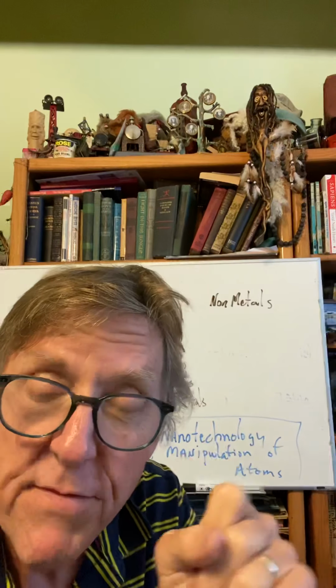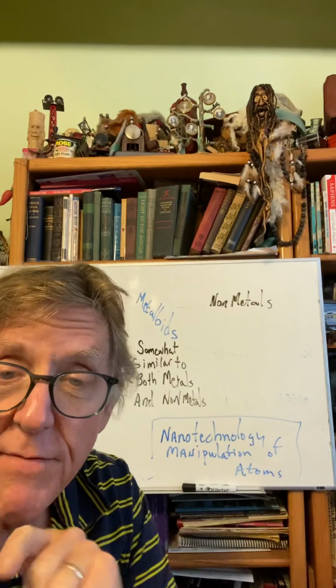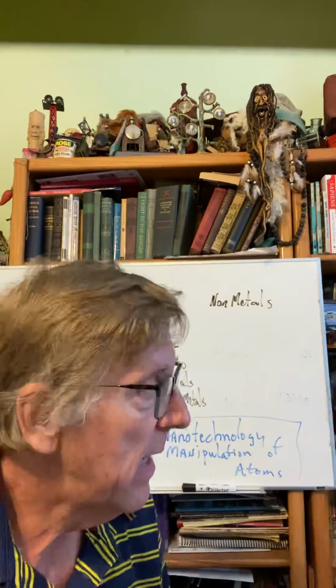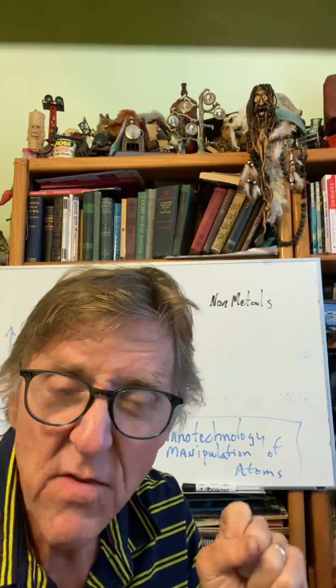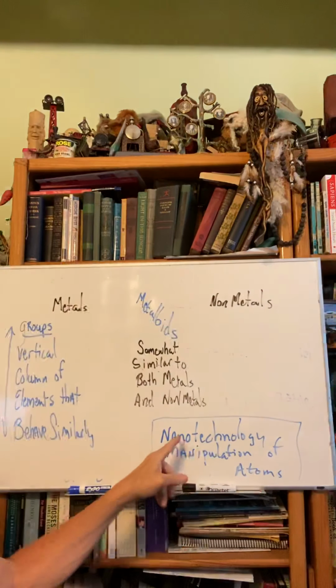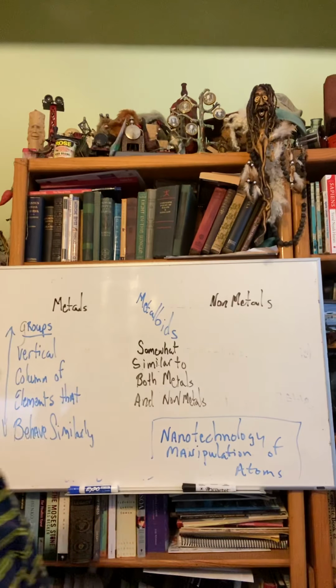So what do you have to do in order to make all of this high-tech stuff? You have to manipulate atoms. And so even if cavemen, or maybe not that far back, but Ben Franklin, he knew about electricity. But we didn't have computers or anything like this because we didn't have nanotechnology.